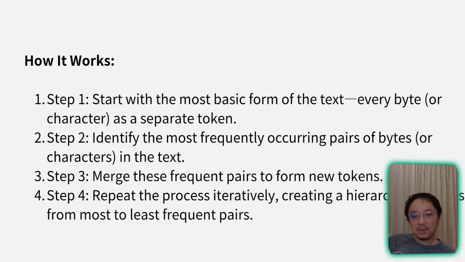We can still spell every single word in the text with this new dictionary of tokens, but some of the spellings will be shorter because we have some new tokens. And then we repeat this process again and again to enlarge our dictionary until we reach some predetermined size of the dictionary.